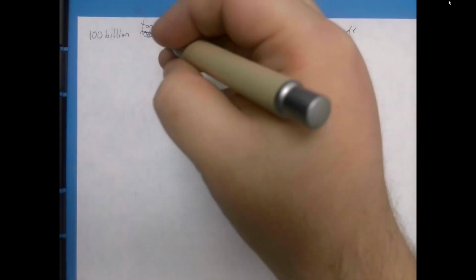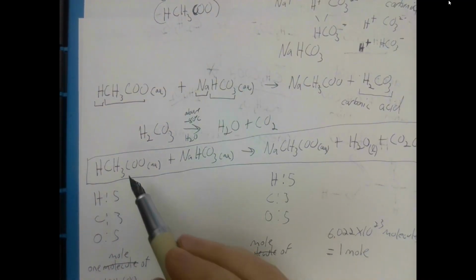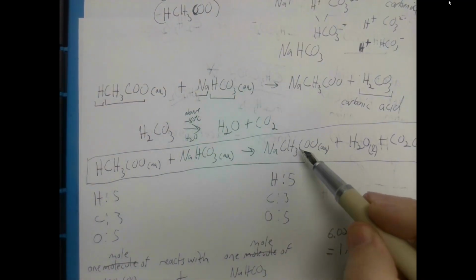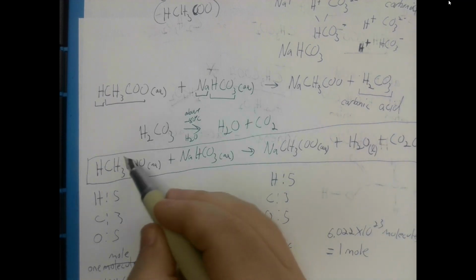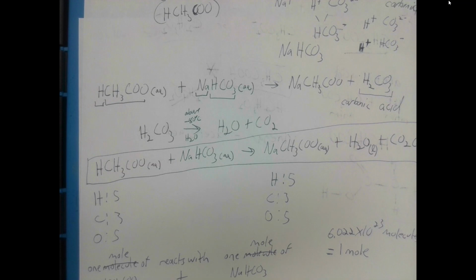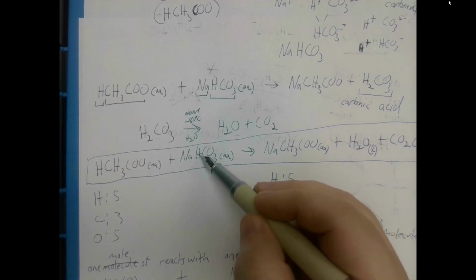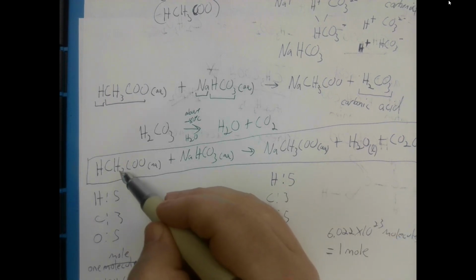Well, we know from the equation that 1 mole of this and 1 mole of this gets 1 mole of that, 1 mole of that, and 1 mole of that. If we had a billion moles, a billion tons of this, it doesn't matter, as long as we only have 1 mole of this. So 1 mole of this will react with exactly 1 mole of this.